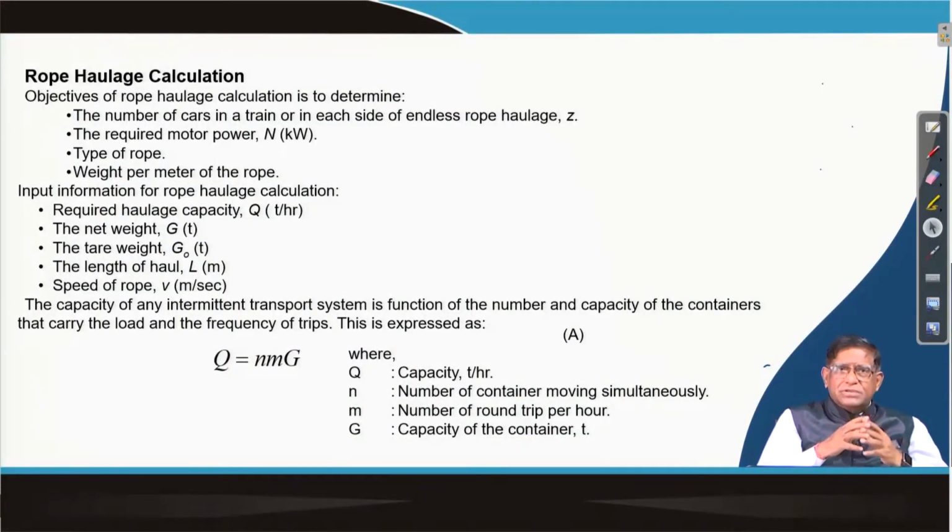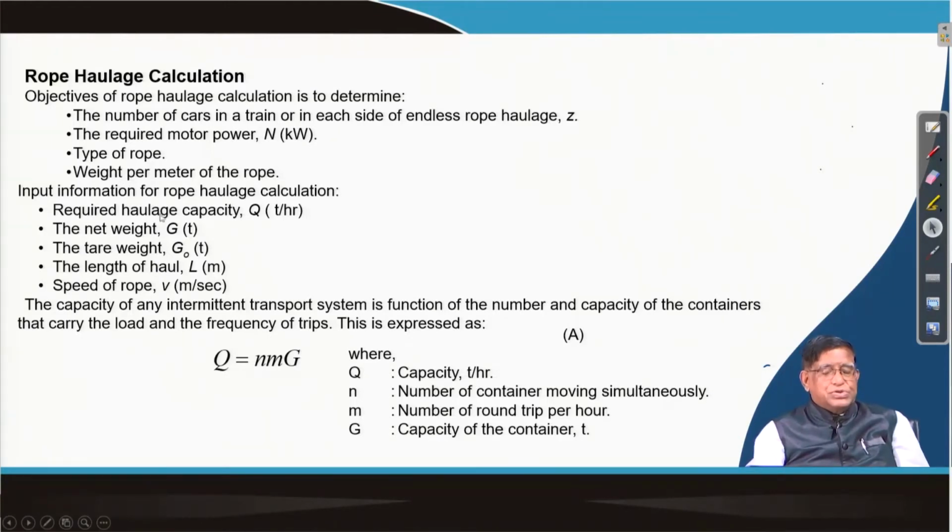Now, coming to this, the calculation is also very simple in these cases. We need to know how much is the driving power or how much is the capacity. This will depend mainly on the parameters which affect it. The haulage capacity will be affected by the net weight of the mine car, the tare weight, that is how much is the metal part of it and how much is the load part, then the length of the haul, and the speed.